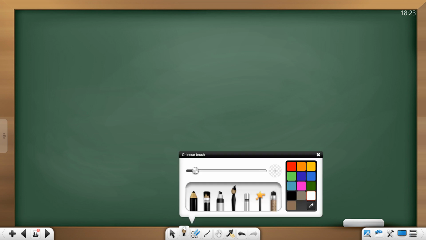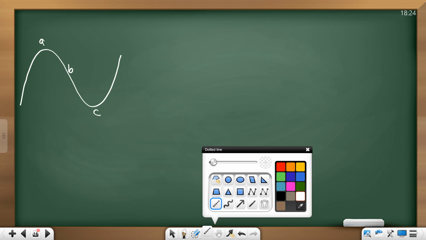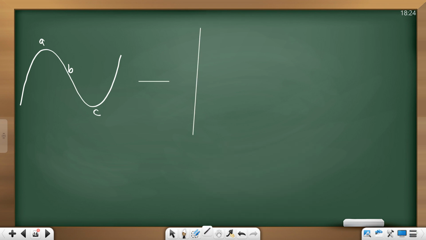Okay, guys. Look, a quick one is this. If I have that, let's call this A, let's call this B, let's call this C. Are you with me? When I draw its derivative, I am going to have it like this: A, B, C. What do you notice? The turning points became the x-intercepts.